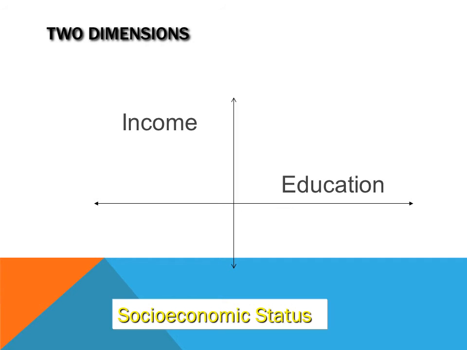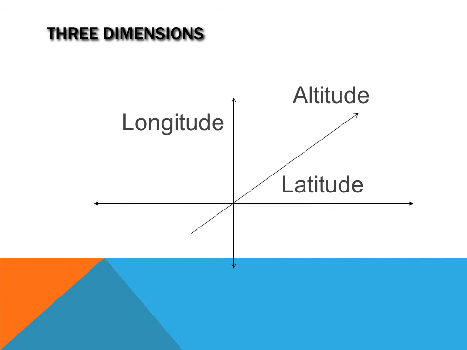So you need to know the latitude and the longitude in order to pinpoint the position. But these same two dimensions are not enough if what you're going to be doing is flying a plane. So if you're flying a plane, suddenly you require a third dimension, and that is altitude. Because it's not enough to know where a place is on the map, you need to know how high it is from sea level in order to fly to it.